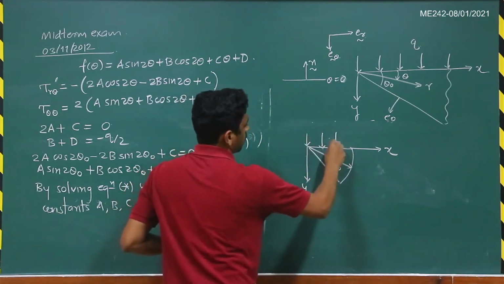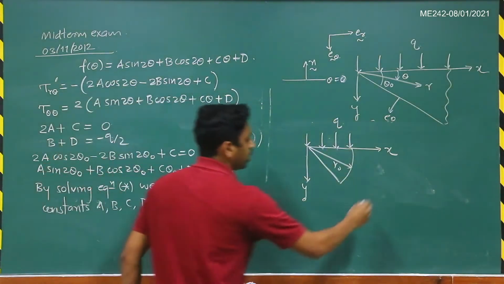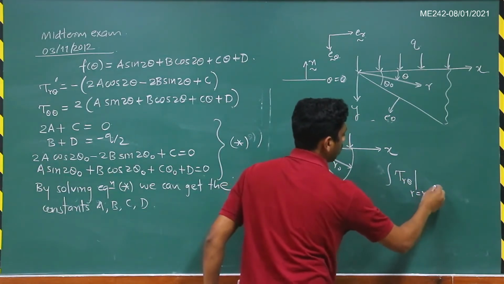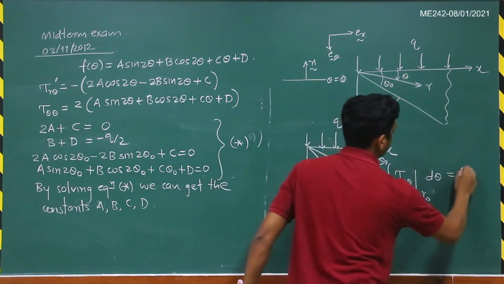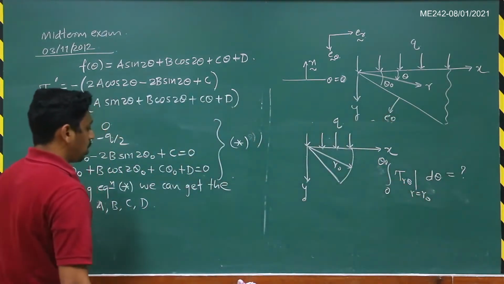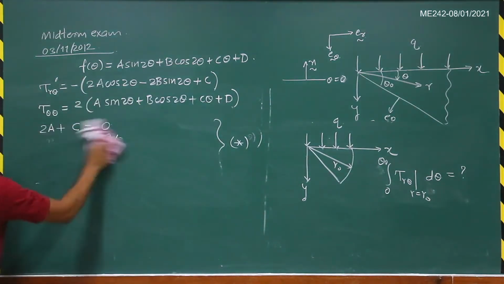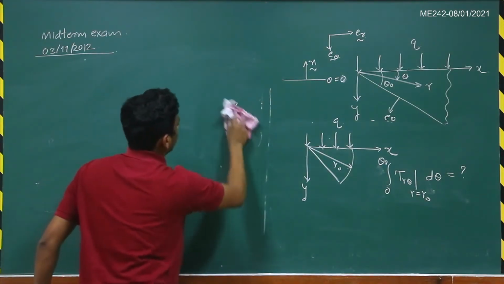This is traction, uniform traction Q. Now we have to find this expression for tau r theta at r equals to r naught, from theta 0 to theta naught, was the question. So now, without integrating, without explicitly solving, we don't have to find this expression.